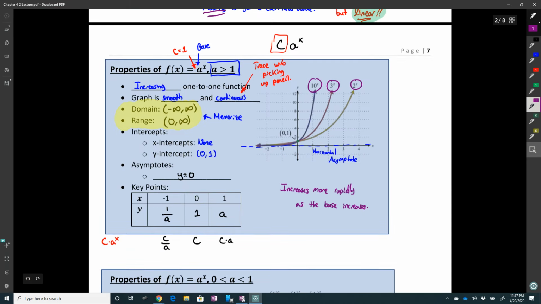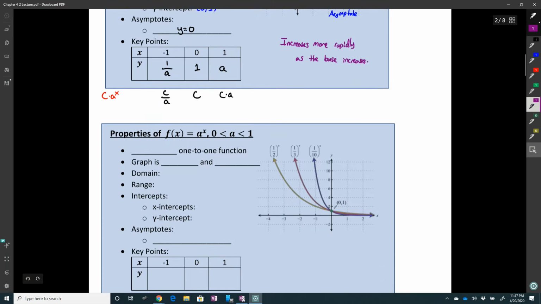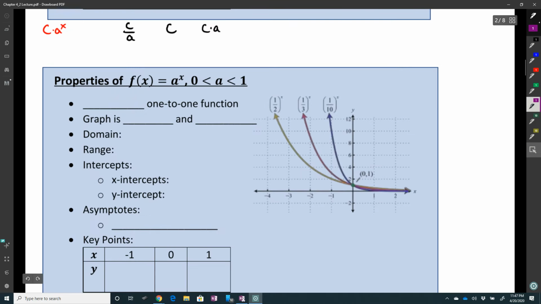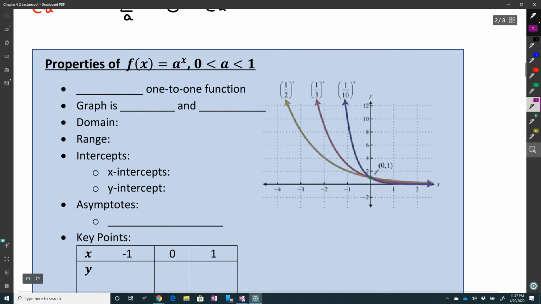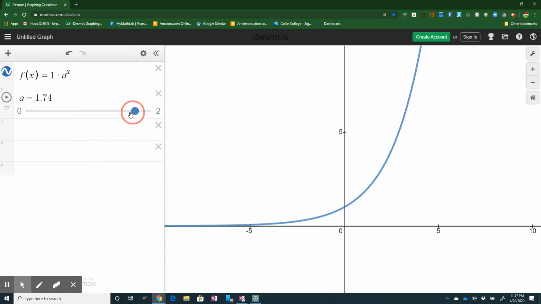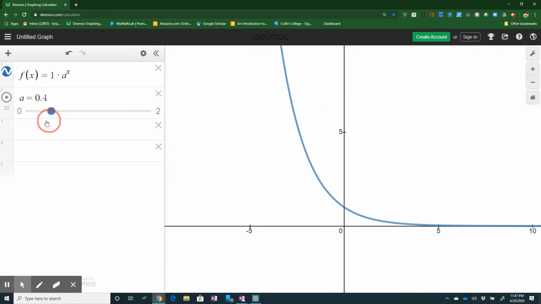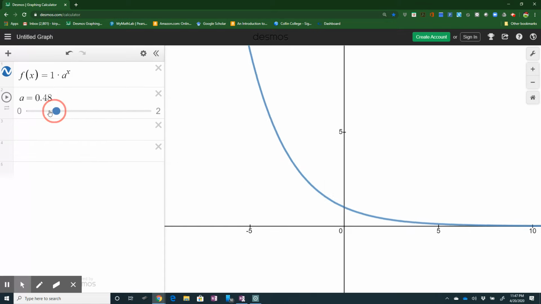All right. So now let's look at the other graph. The other graph is the same picture, but if a is between 0 and 1. So now I'm looking at this side, and notice on this side, the graph flips across the axis. Let's talk about it.